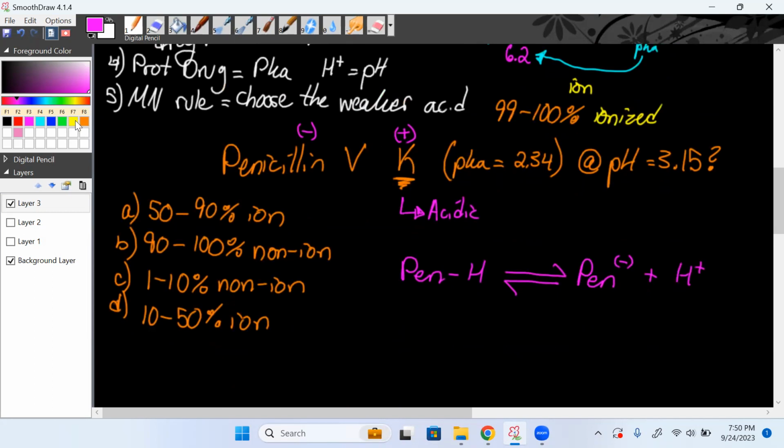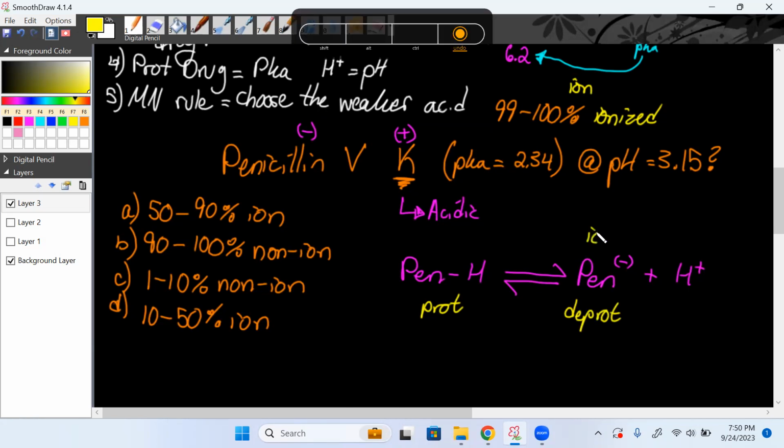Next, we have to label where the protonated drug would be, which would be whichever structure contains the hydrogen attached to it. So this would be deprotonated, which would mean that this is the ionized drug.